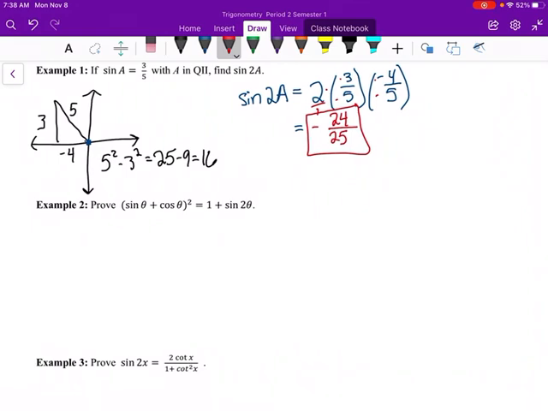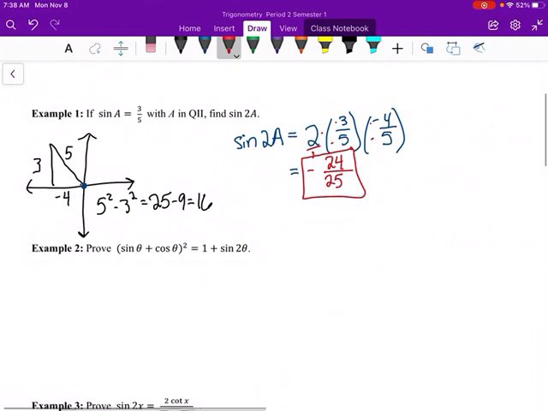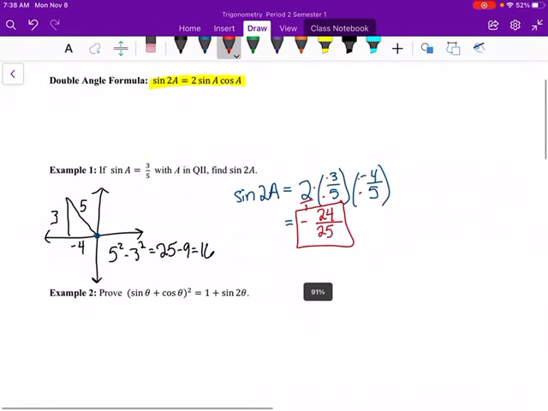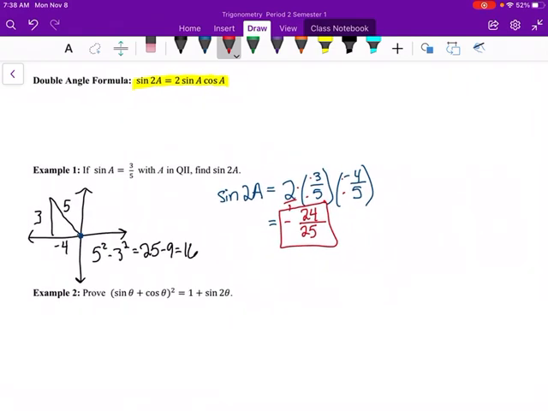All right, now let's do it again. We are trying to prove that sine theta plus cosine theta squared equals 1 plus sine of 2 theta. So we're going to go through and simplify this. First, you want to choose one side. So why don't we do the left side just to start.